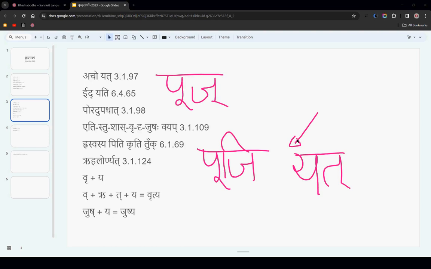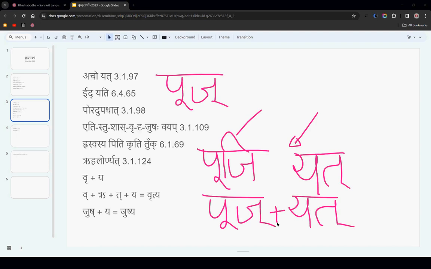Now the ikara goes away. Yeah, this we have seen before also. Ikara goes away because of some other sutra, like I think it's Niraniti. So puja, then comes puja, yat.